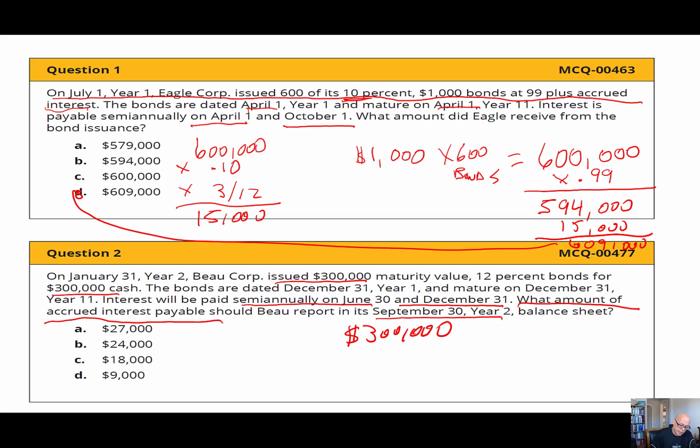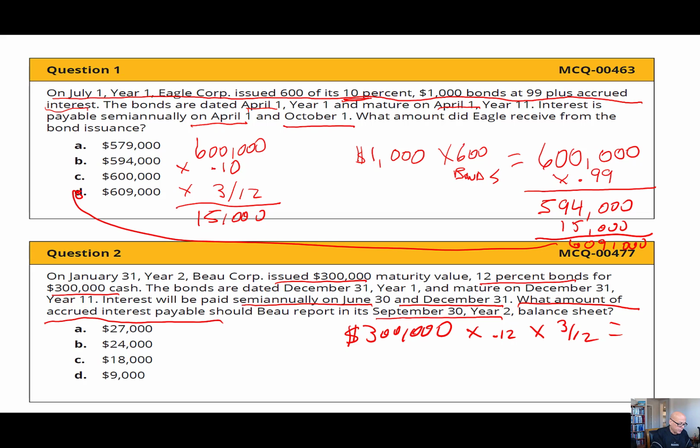So we take that 300,000, okay? We pick up the interest rate, 12%, and we multiply that by what? By the 3/12. So make sure I got my dates right. Yeah, June 30th, July, August, September, we've got 3 months. Okay, so again, do the math on that.